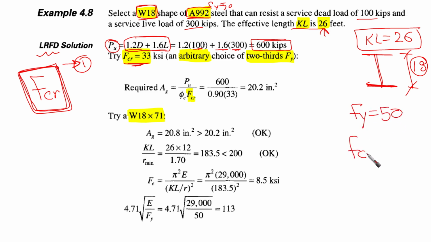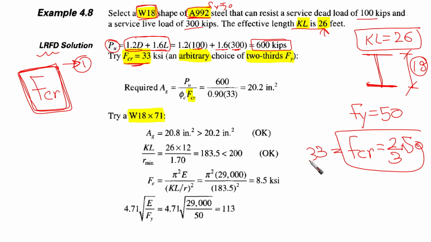So our Fcr is going to be about 2/3 of this 50, which gives us 33. So we're going to start with an assumed value. Again, it is an assumed value, which is 33. And now we are going to the second step, which is the required gross area.